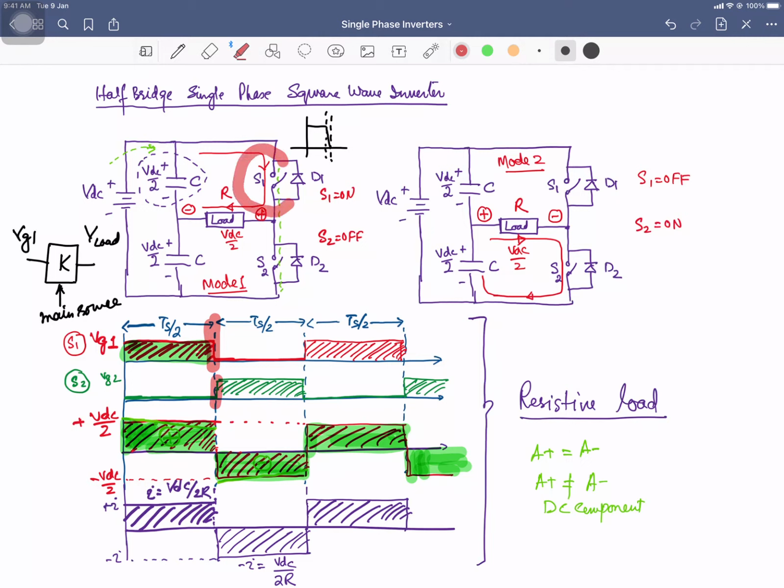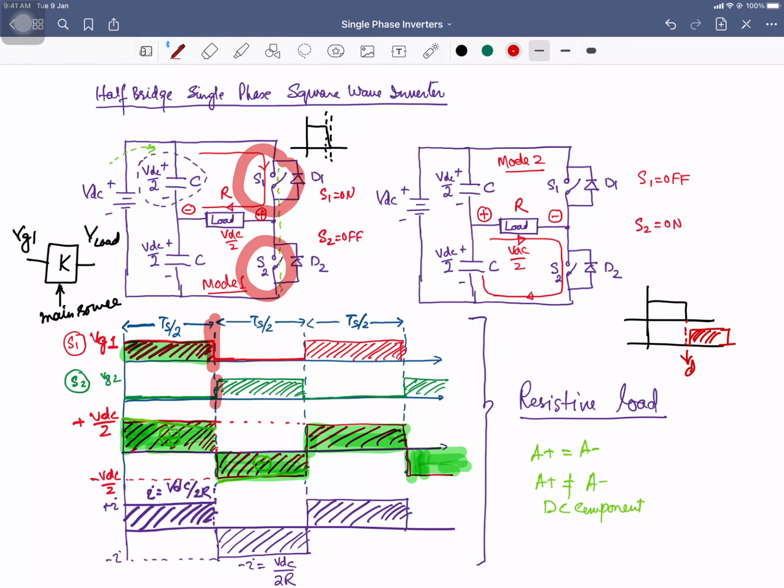Once S1 is completely turned off, then you are going to apply the gate voltage to the switch S2 to get turned on. So I can draw the gate signals like that, there is a small delay when we are going to apply the gate voltage to the second switch.